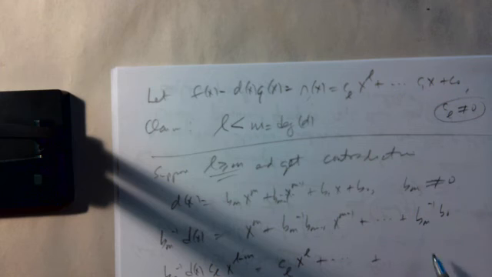The last term I get is b sub m inverse b0 c sub L x to the L minus m. In any case, this polynomial is a polynomial of degree L.